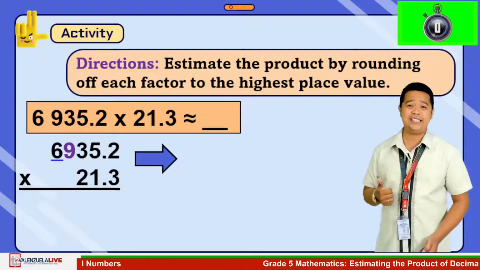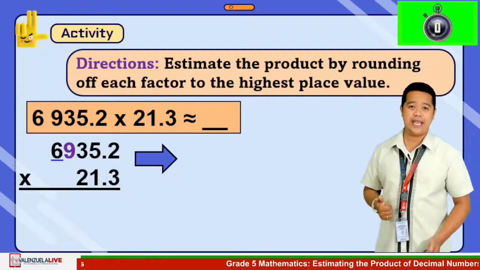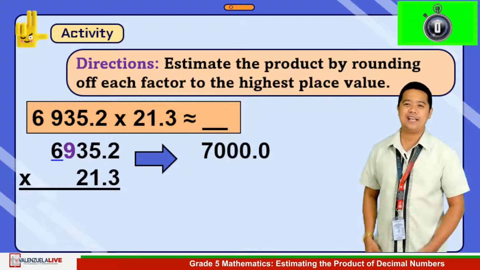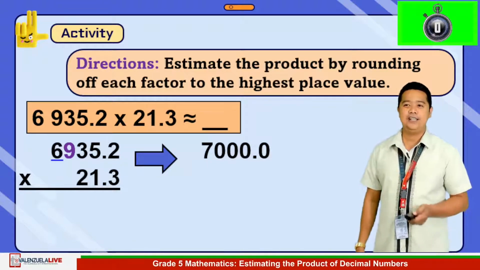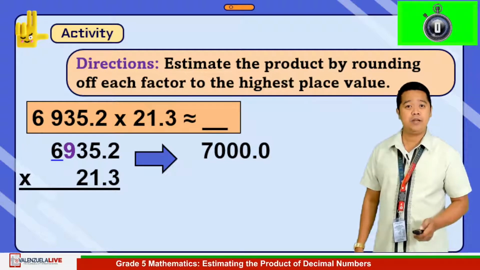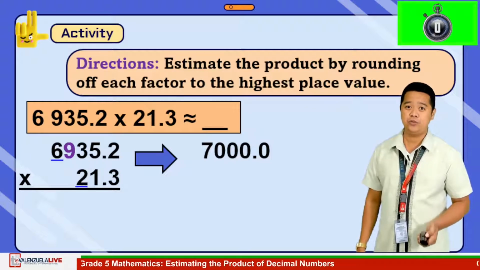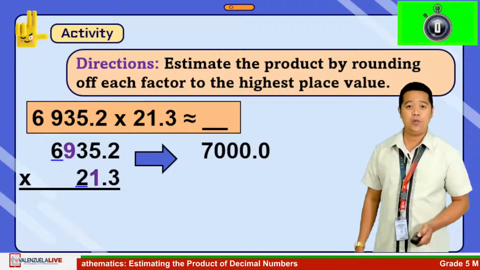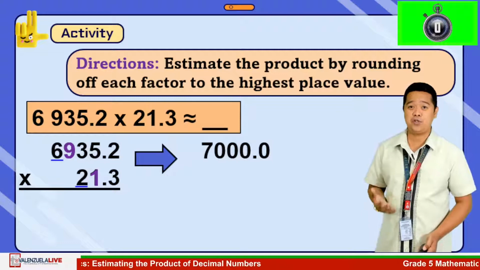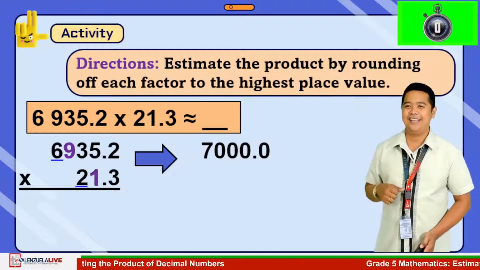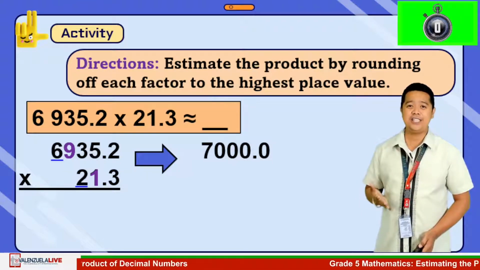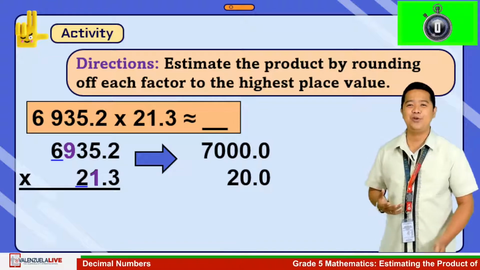So 6,935 and 2 tenths will become 7,000. And then 21 and 3 tenths, the number to be rounded off is 2, followed by 1, which is less than 5. Of course, we will round down. And 21 and 3 tenths will become 20.